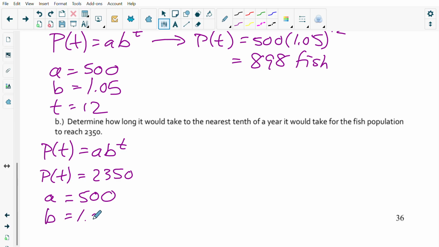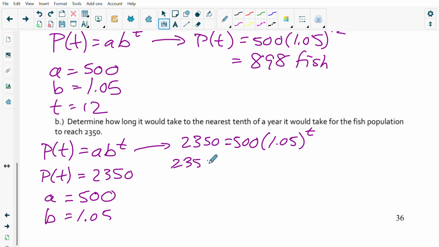Our growth rate is still 1.05. Okay, let's fill in our formula. Now I have 2,350 equals 500 times b, which is 1.05 to the t. And t is what we're solving for. How long would it take, to the nearest tenth of a year, for the fish population to reach 2,350?